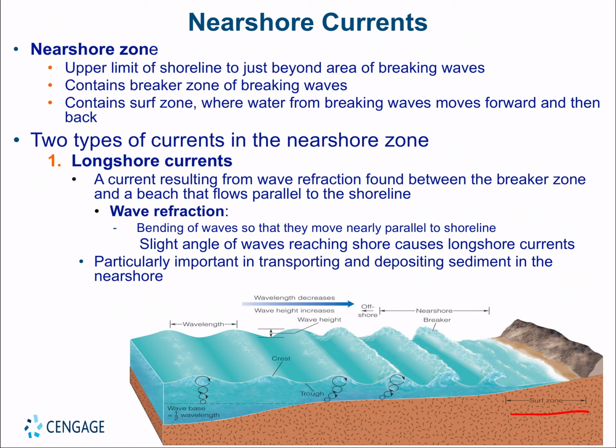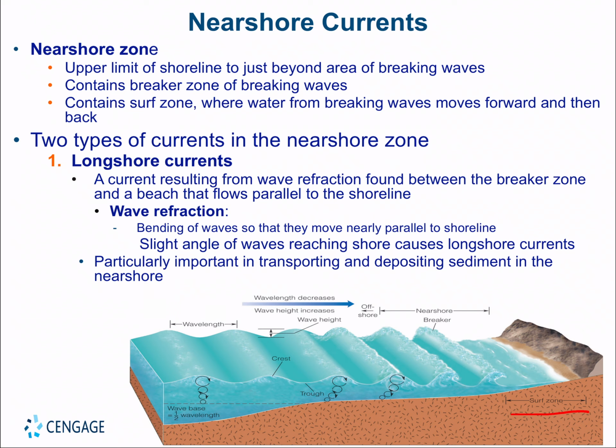Now we do find two types of currents in the nearshore zone. First off, we have our longshore current, and that is the current that results from wave refraction that's found between the breaker zone and a beach that flows parallel to the shoreline.